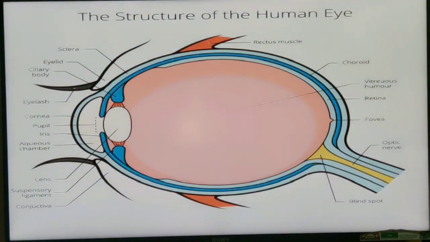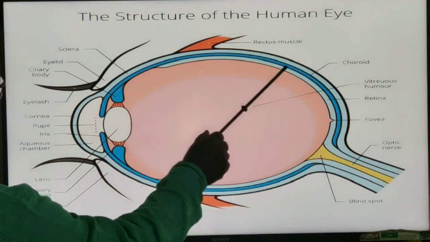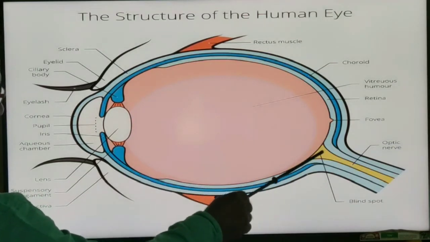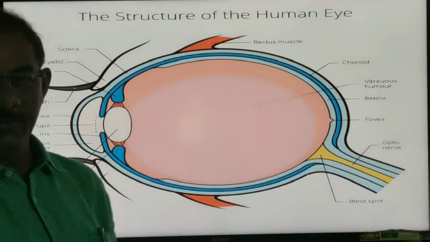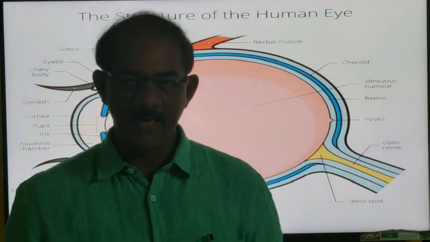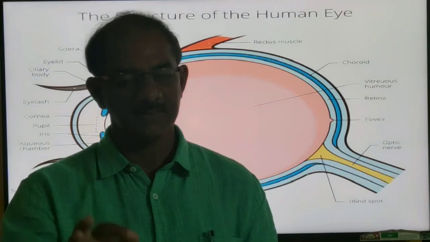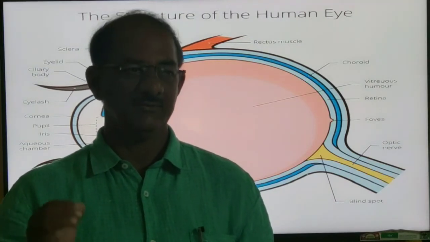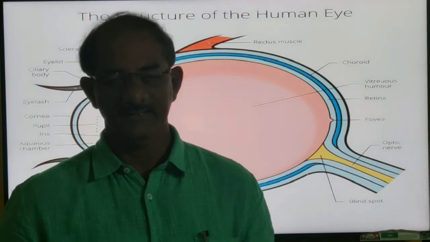And the inner coating of the eye is called the retina. So these three parts are present in the human eye. The outermost coat is the fibrous coat, the middle coat is the vascular coat, and the inner part is the retina.